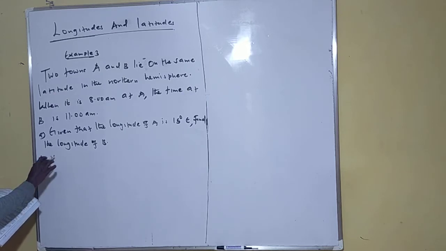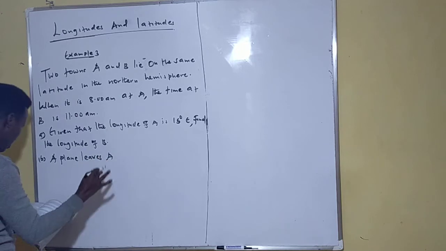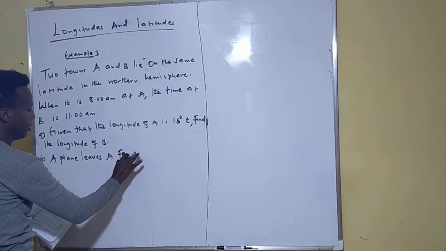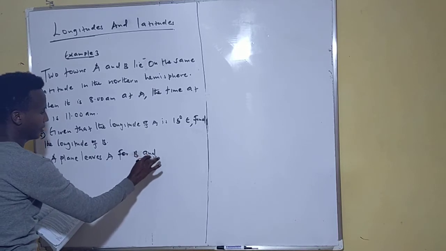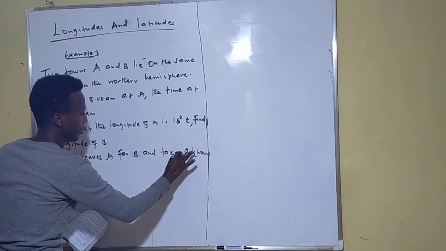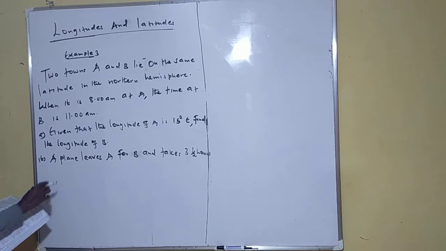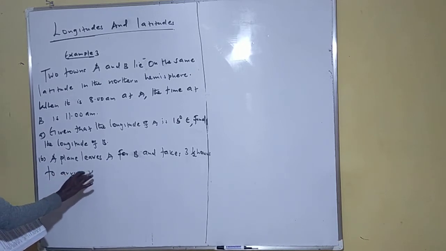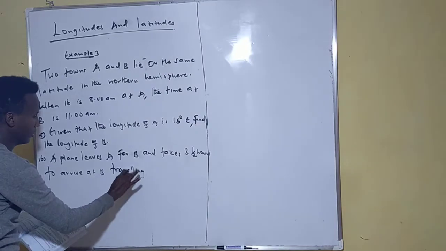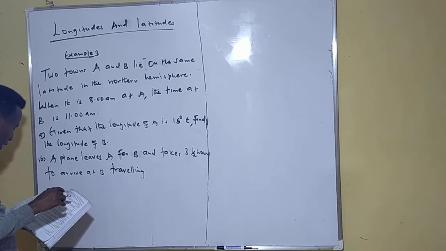Then question B, you're told a plane leaves A for B and takes 3.5 hours to arrive at B, traveling along a parallel of latitude, okay?